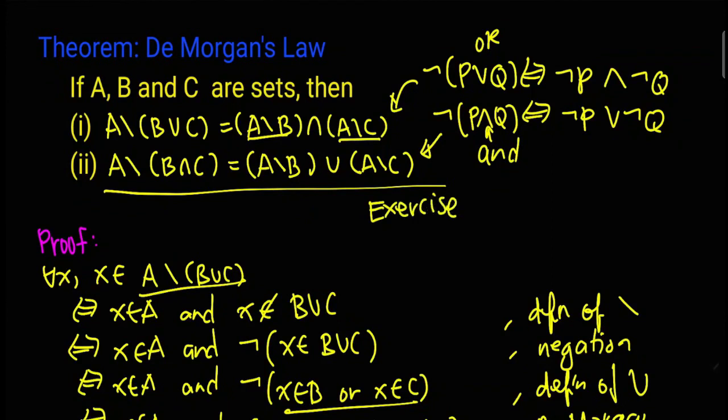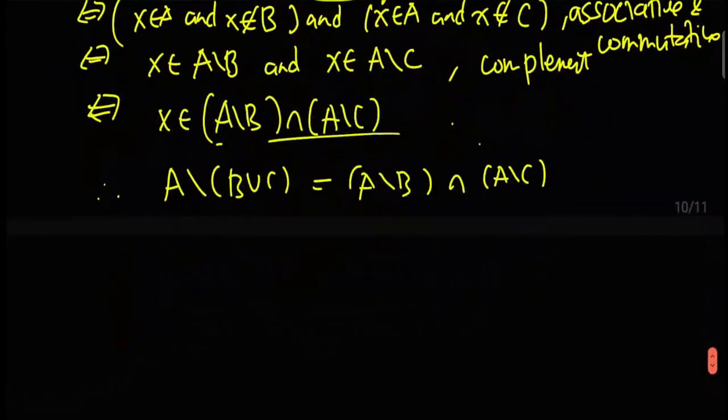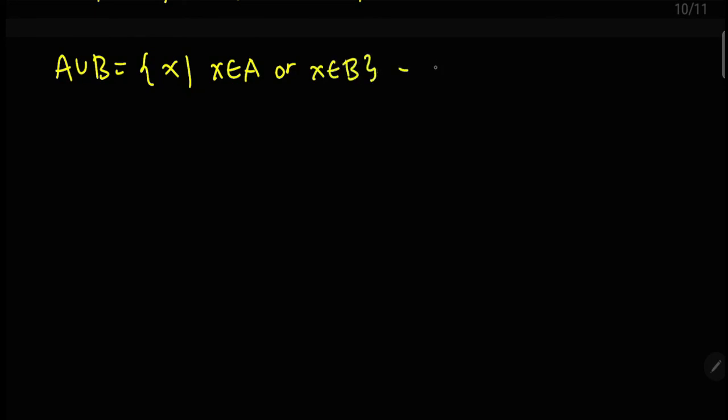To summarize, we discuss here three operations. So we have the union, so A union B is the set containing all elements X such that X is in A or X is in B. So that gives us the union.